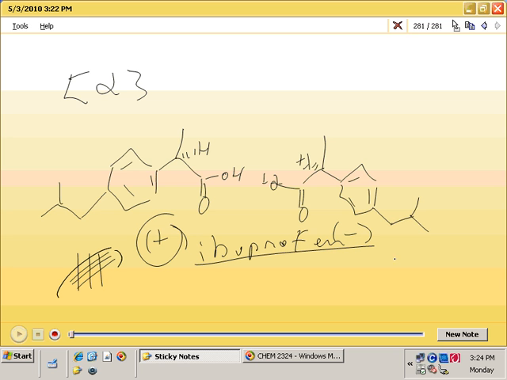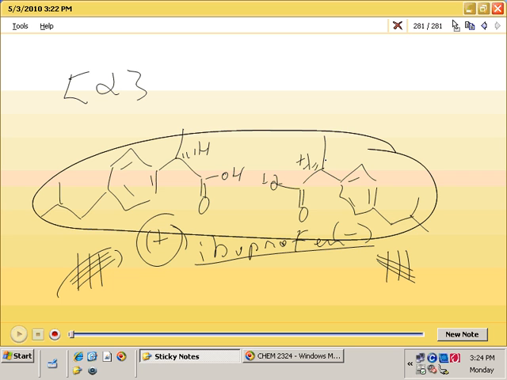And then this other sample will rotate plane polarized light in the opposite direction right there. That's counterclockwise.